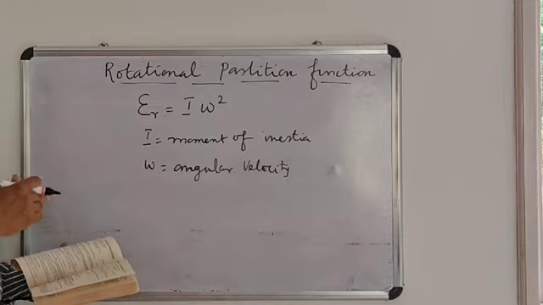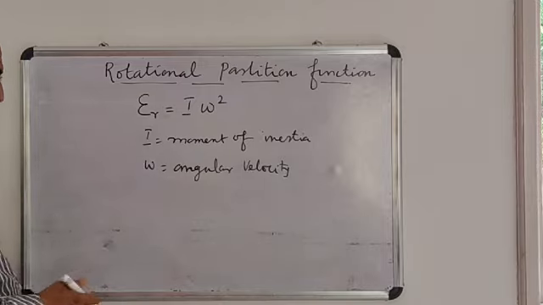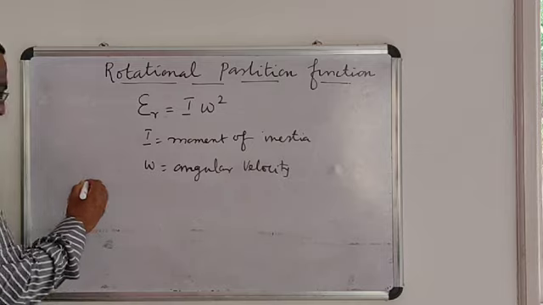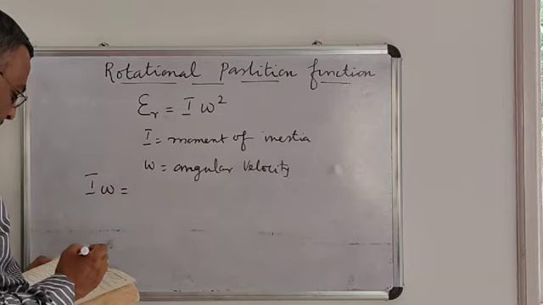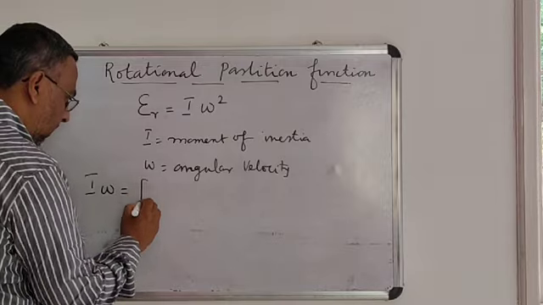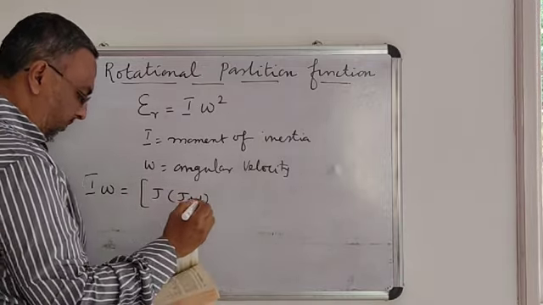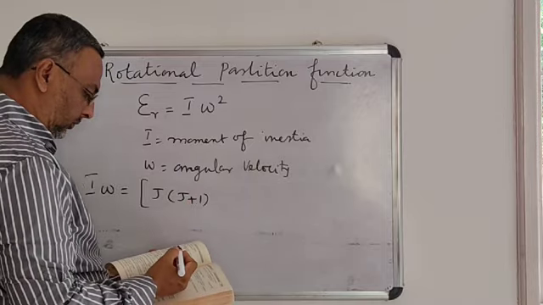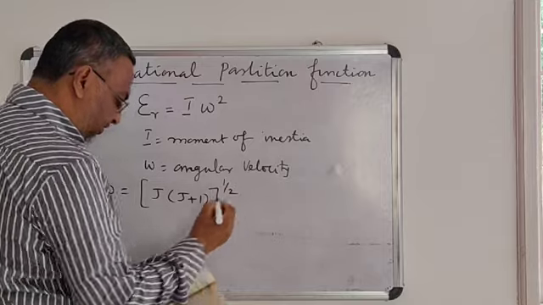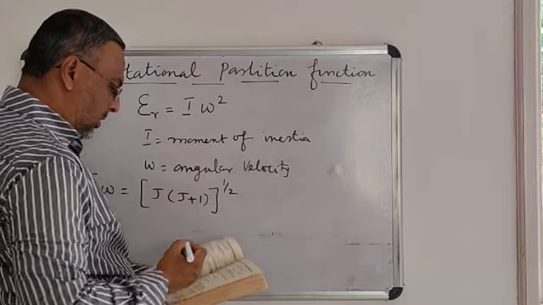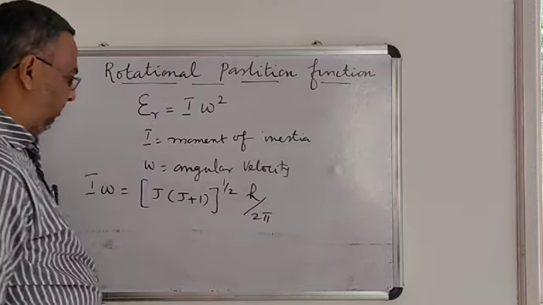The quantized angular momentum is given by I omega equal to J into J plus 1, to the power half, into h by 2 pi.